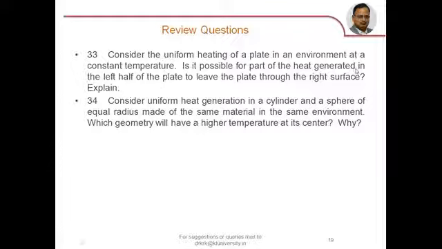Is it possible for part of the heat generated in the left half of the plate to leave the plane through the right surface? No. Explain. Consider uniform heat generation in a cylinder and a sphere of equal radius made of the same material in the same environment. Which geometry will have a higher temperature at center and why?